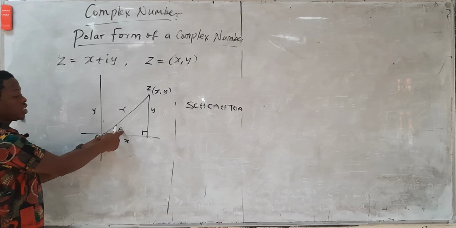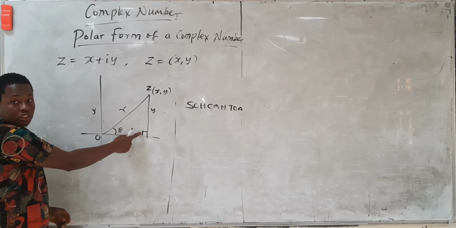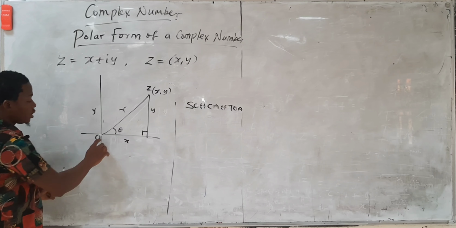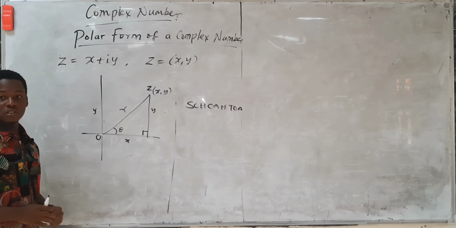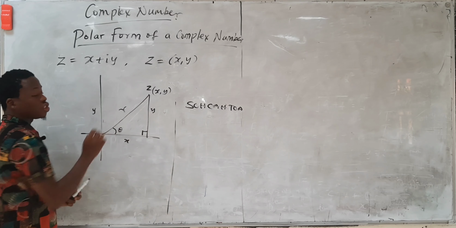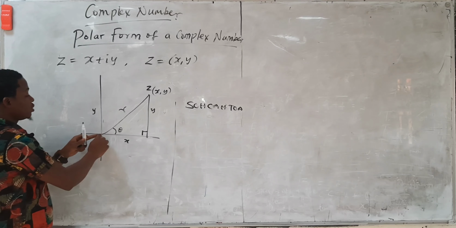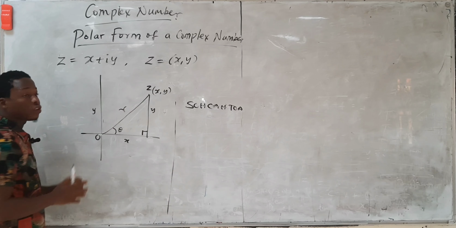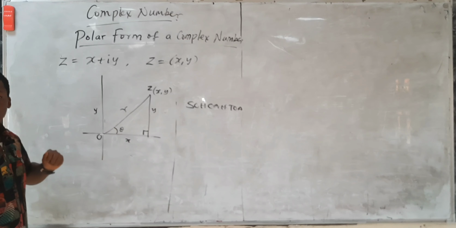Now, considering angle theta and the right angle, the x-axis is the adjacent, the y-axis is the opposite, and OZ, which is the modulus of the complex number, is the hypotenuse.